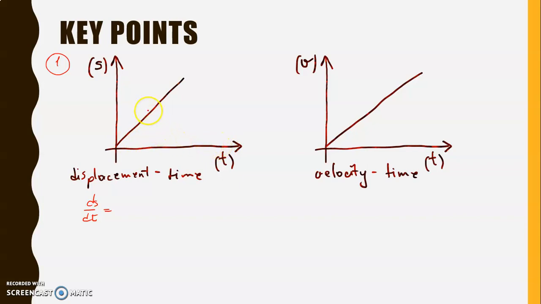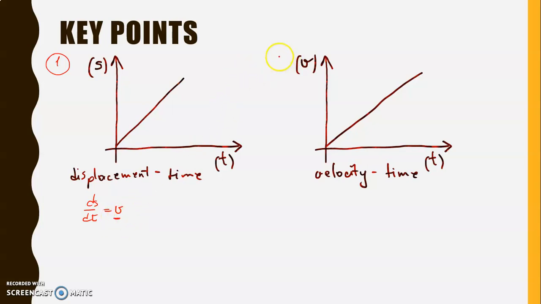Change of displacement over time is actually velocity. So if we differentiate a displacement function, that gives us a function for the velocity.